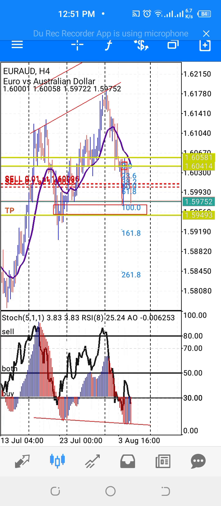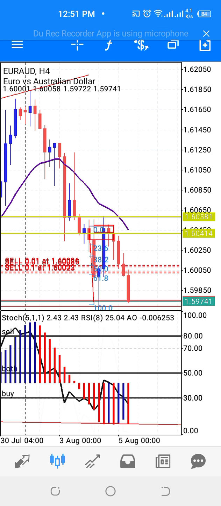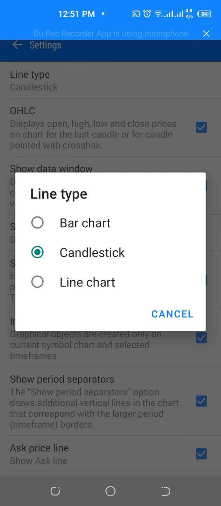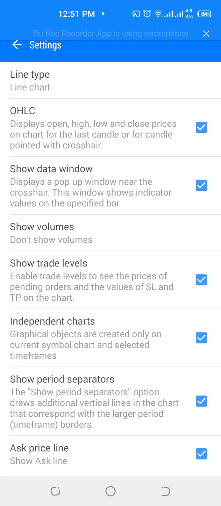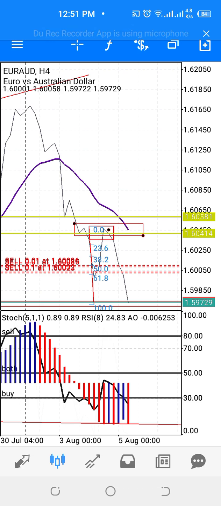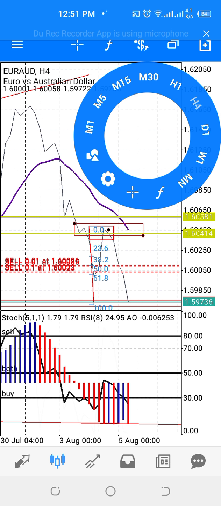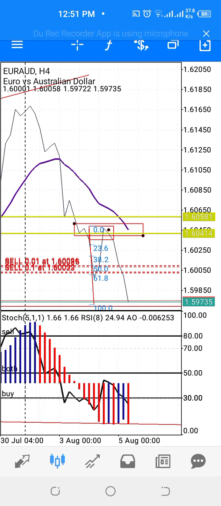When you go to the 4 hours, you can see that the market had the supply area at this point, and then when you go to the line chart on support and resistance, this is what the support and resistance looks like at this point.